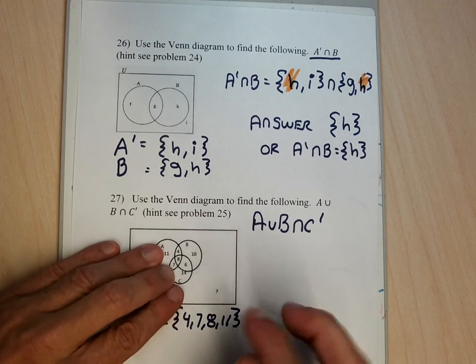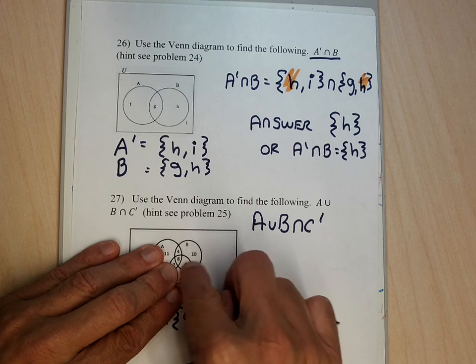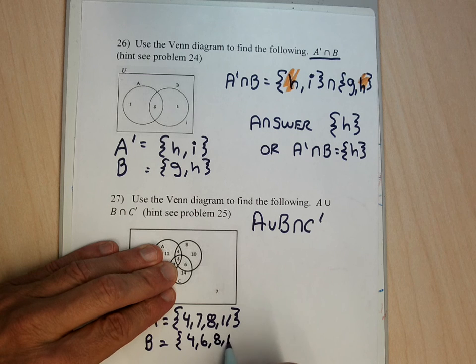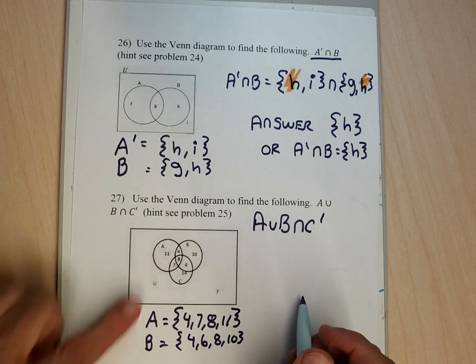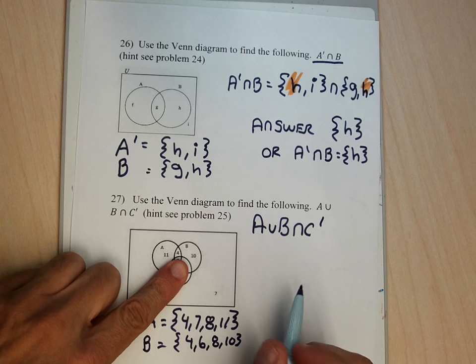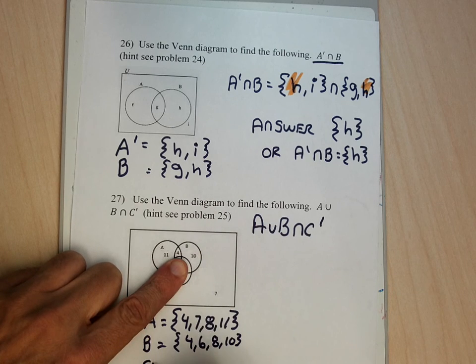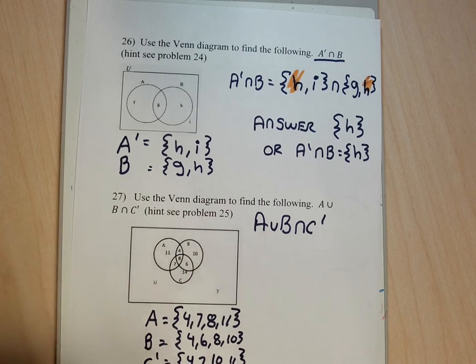Set B is going to be the numbers in the B circle, which are 4, 6, 8, and 10. And set C complement is going to be the numbers outside the C circle. So if I cover up the C circle, the 4, the 7, and the 10, and the 11 that I haven't covered up are the C complement. So those are the sets I'm going to need.